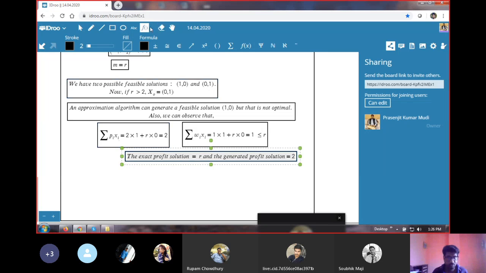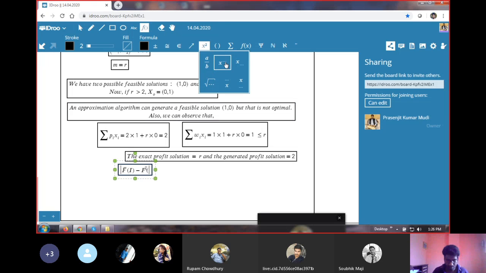So in the next line we can write the modulus of f hat of I minus f star of I is equal to the modulus of 2 minus r. How can we write that?